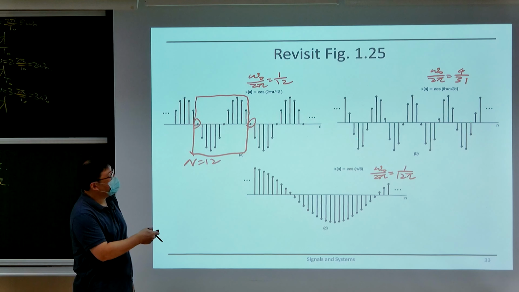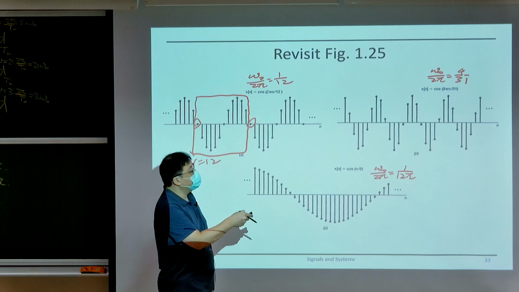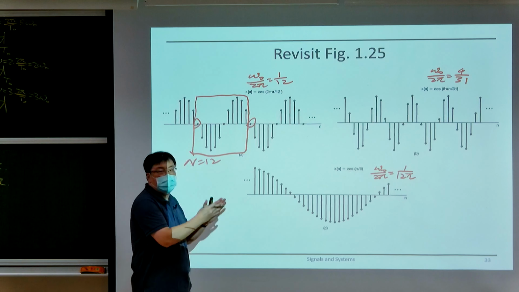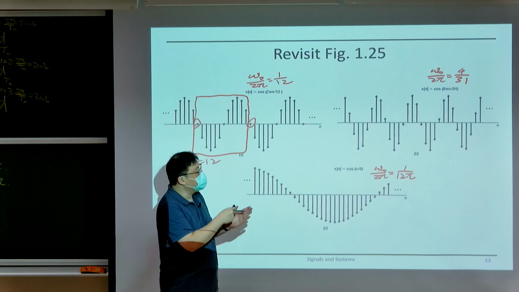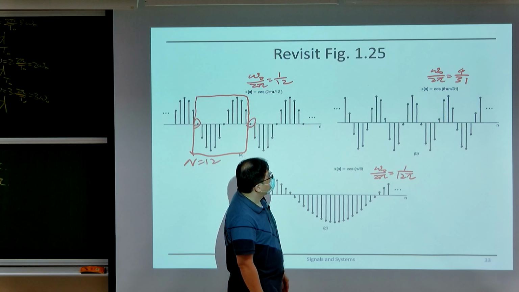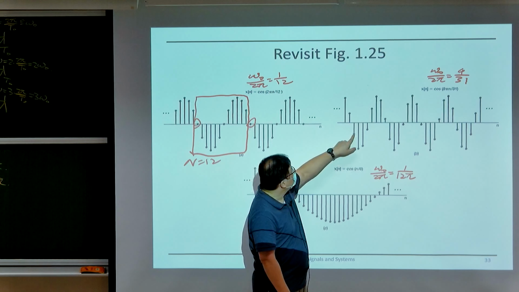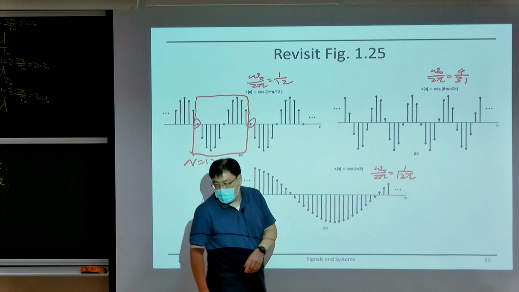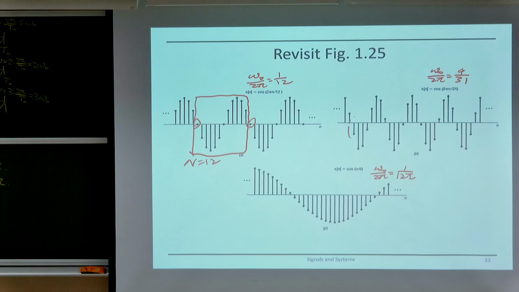So in this example here, we have omega naught over 2 pi that is 4 over 31. Okay. So 4 and 31 are co-prime. So you must sample at least 31 points in order to come back to the same value. I don't know if we have enough points here, but suppose you start from here.